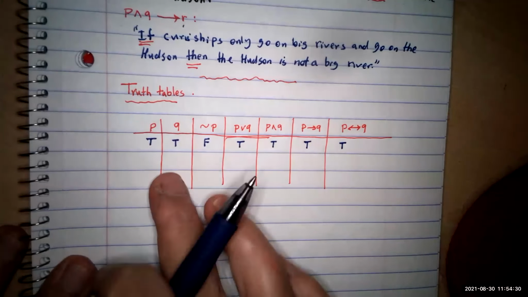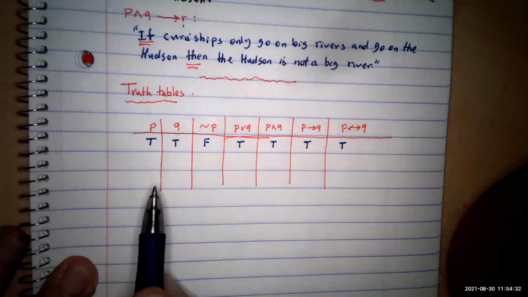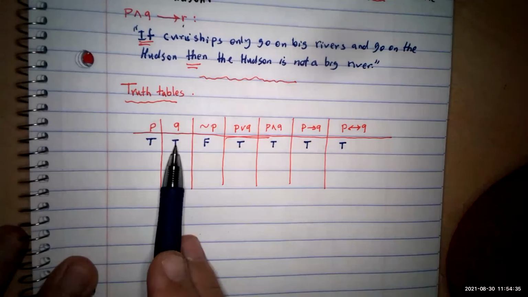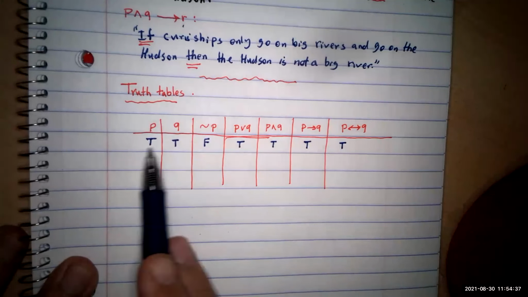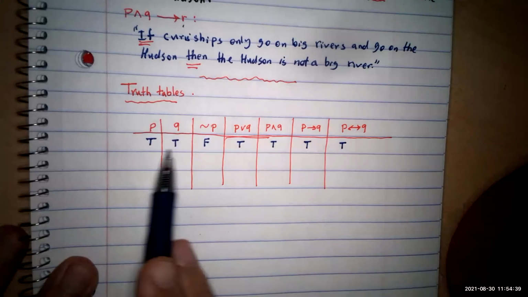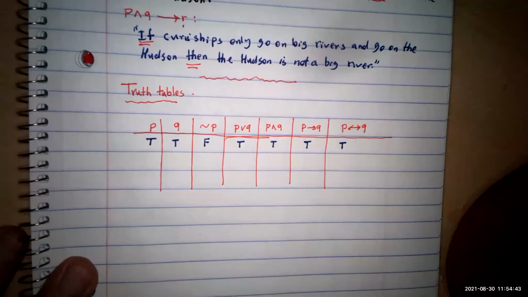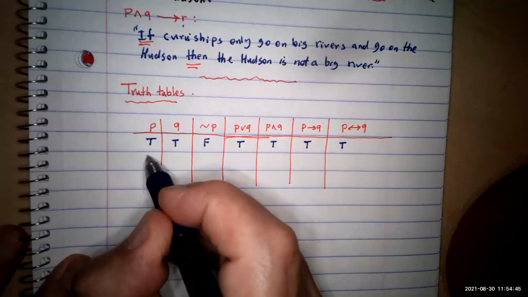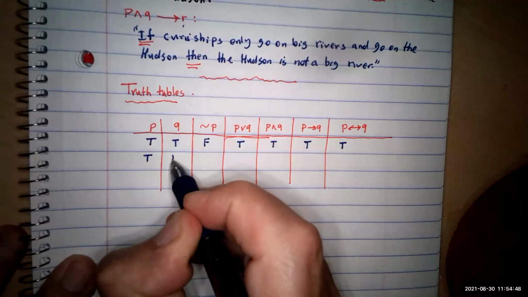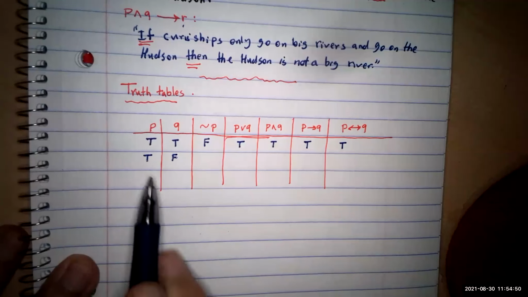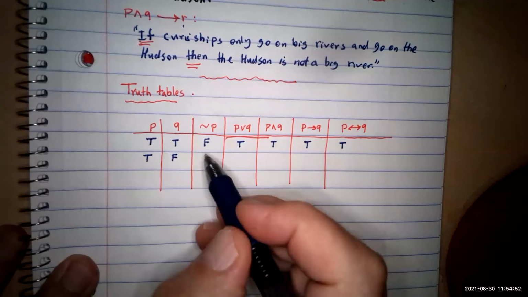Now the other possibilities for these two, there are 4 possibilities: true true, true false, false true, false false. So you have to consider all of them. So the next one, true, false. P is true, so not P is false.